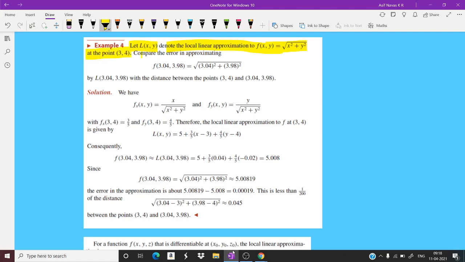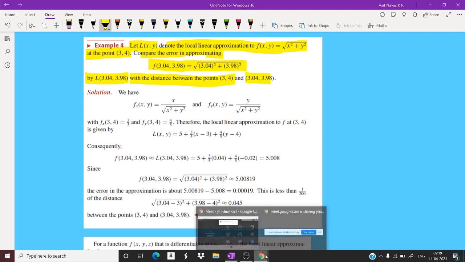Compare the error in approximating this value by this value. So our given function is, with the distance between the point (3, 4) and 3.04, 3.98.